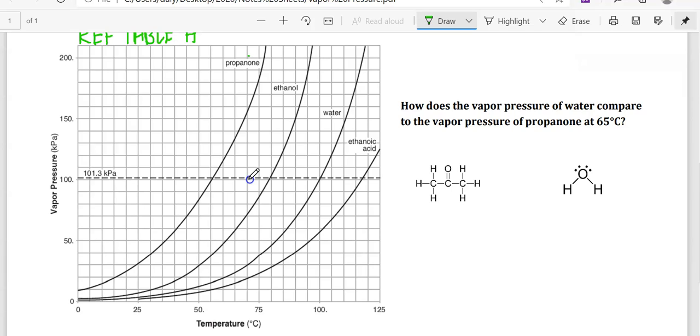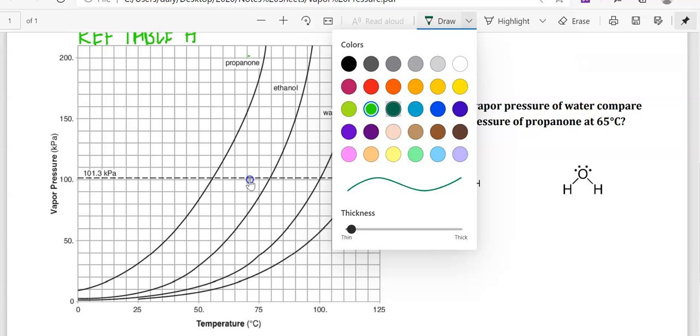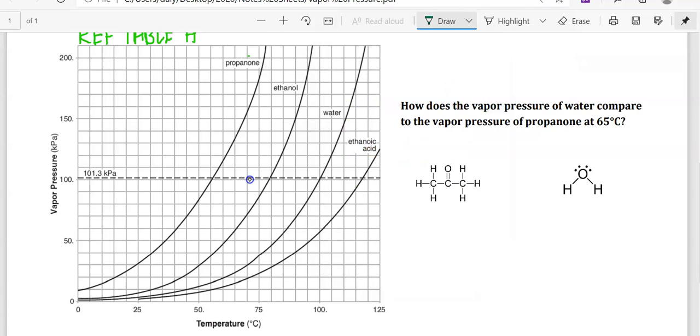Something I want to point out here is that it's a measure of the vapor pressure versus the temperature. You'll notice that if we increase our temperature, and let's just focus on one line, the line of water, what happens to the vapor pressure of water? As we go from 0 degrees, where our vapor pressure is very low, to let's say 125 degrees, you'll notice our vapor pressure increases significantly.